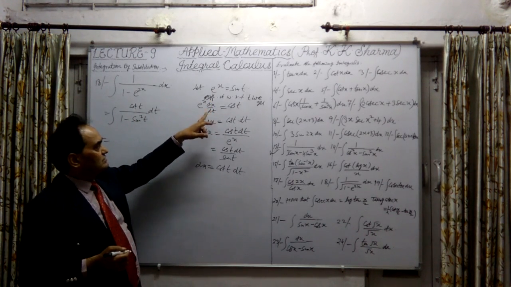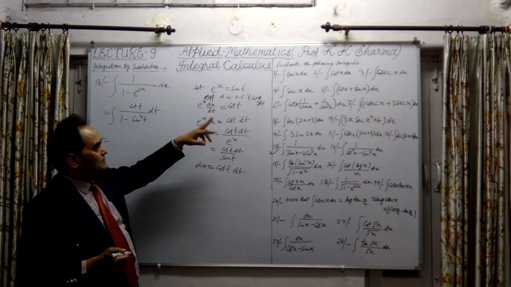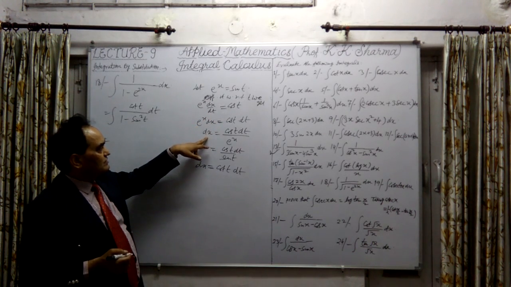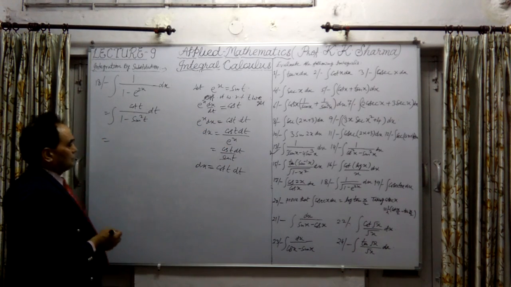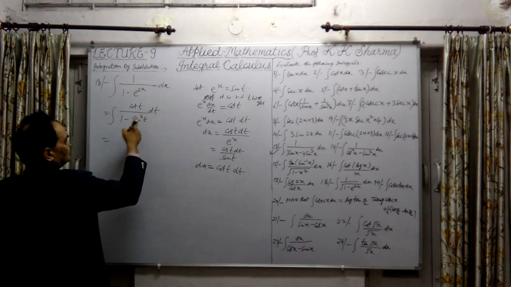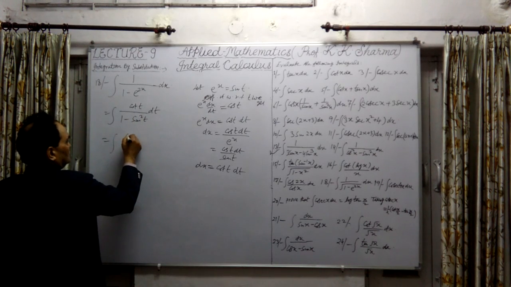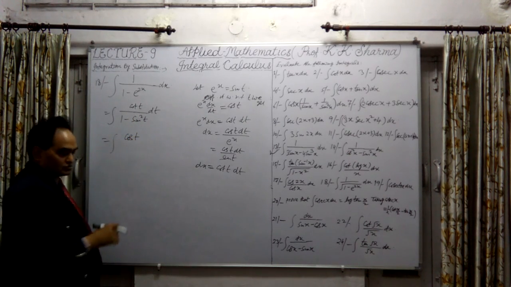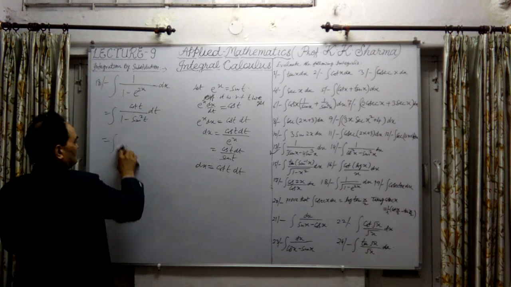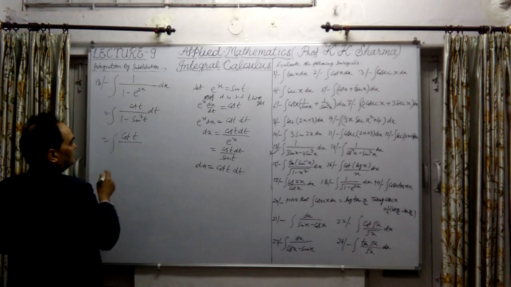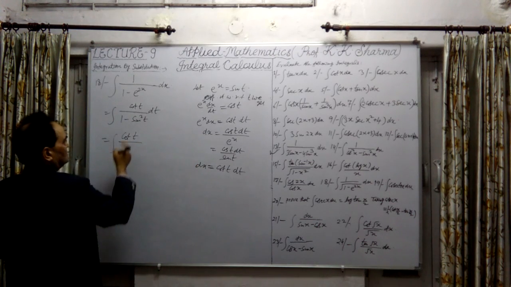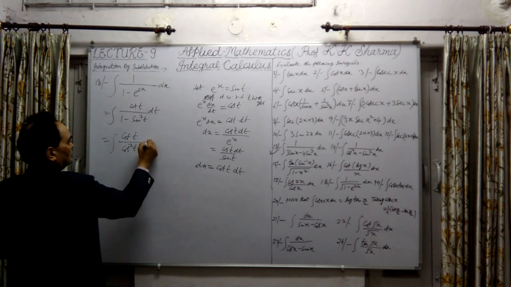Now e^x dx equal to cos t dt. dt we are taking to that side, then dx equal to cos t upon e^x, but e^x is sin t, so it is fully converted into t. Cos t upon sin t is cot t, and the denominator is cos square t into dt.